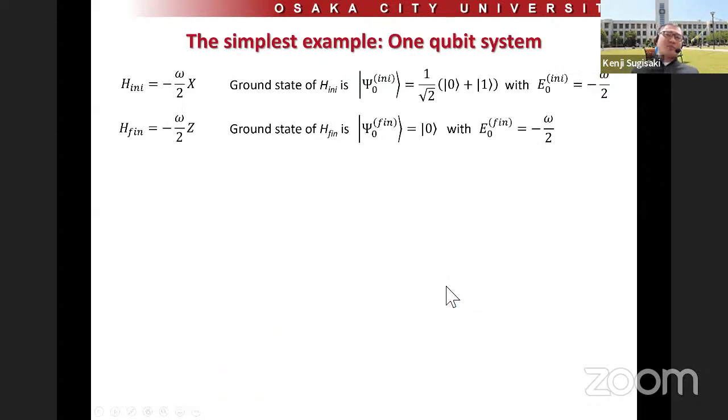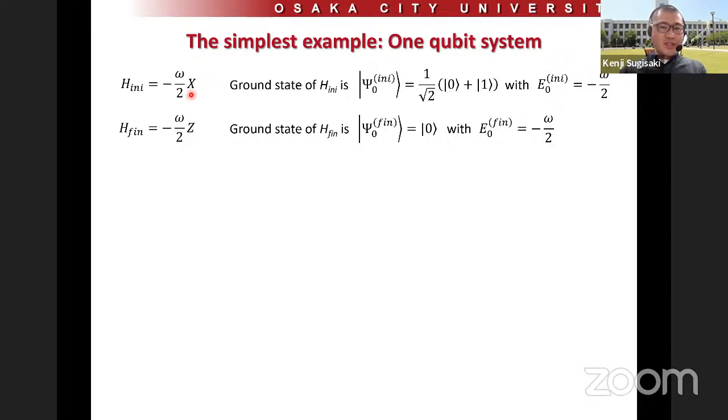The simple example is, I think, a one-qubit system, or spin-1/2 system. Let us think about the initial Hamiltonian given by minus omega divided by 2 times sigma x.